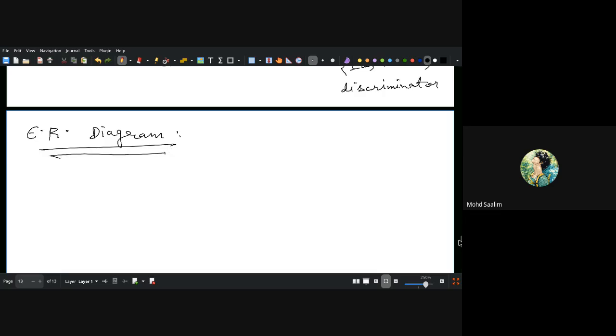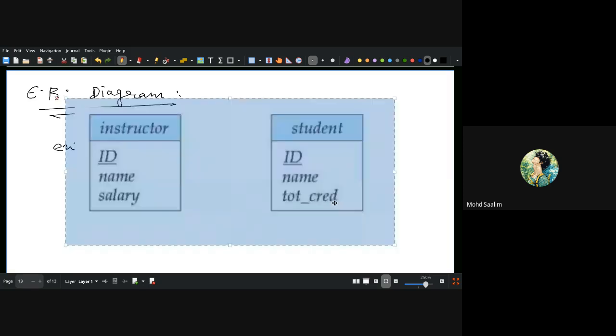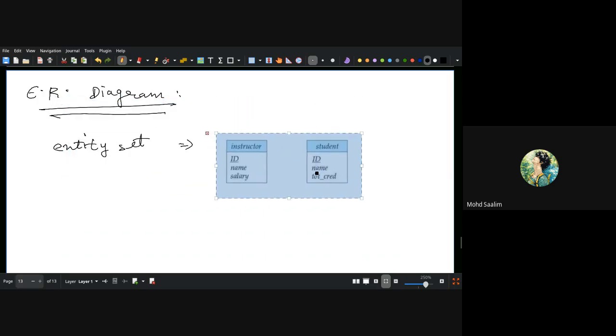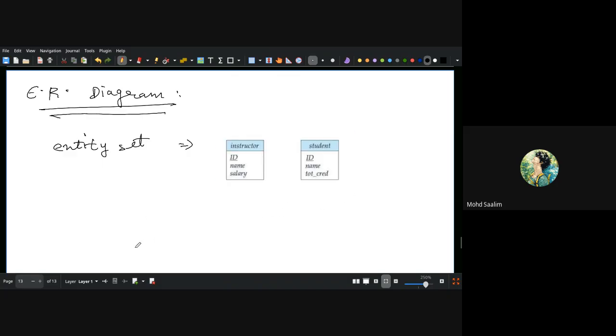So first of all, we learned what is an entity, right? And we learned what is an entity set. So in a diagram, this is how you will define an entity set. This is how in an ER diagram you define an entity set.